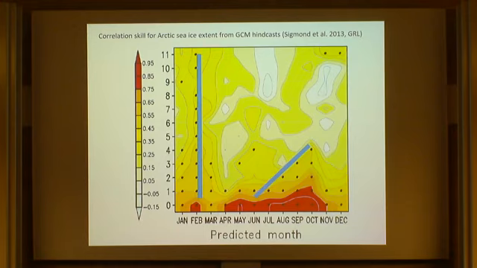David: What are the dots where you have correlation skill? What's the criterion for it being a skillful prediction? Is it a particular value of the correlation? It's a significance test. So it's not a particular value of the correlation, it's a significance test.